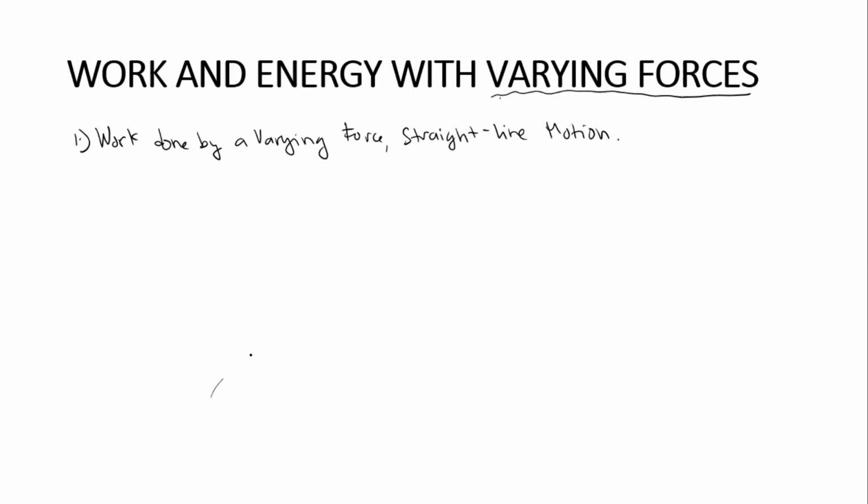This is a straight line motion. So what will happen if the force is no longer constant, but still moving in a straight line motion? The work now, instead of what we used last time, you're going to use an integration. Okay, from x1 to x2, F of x, dx.